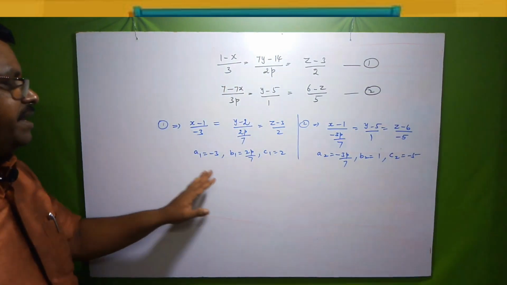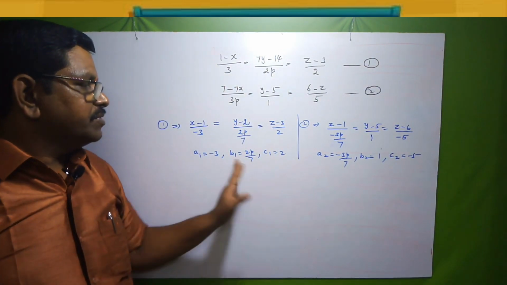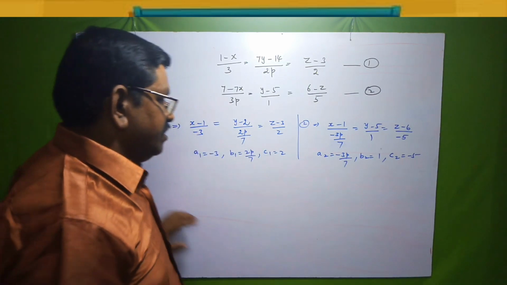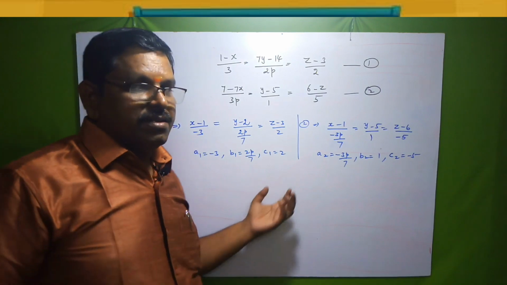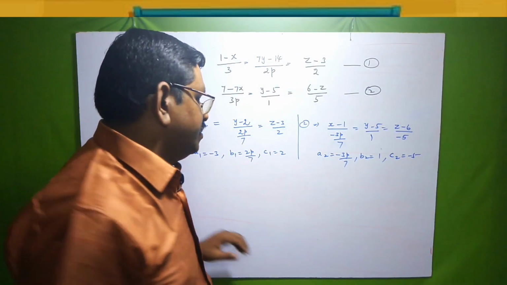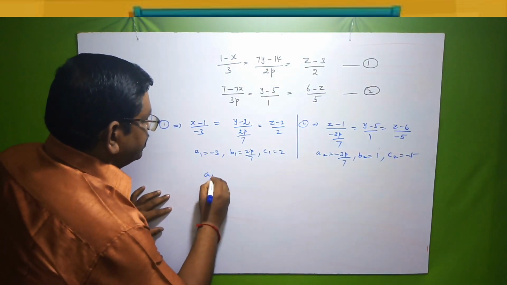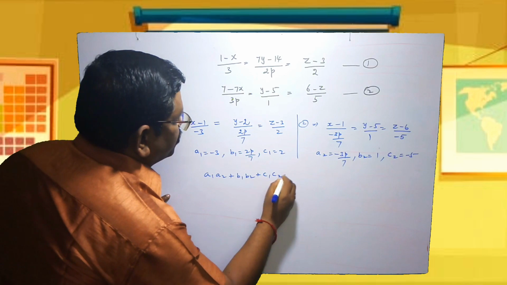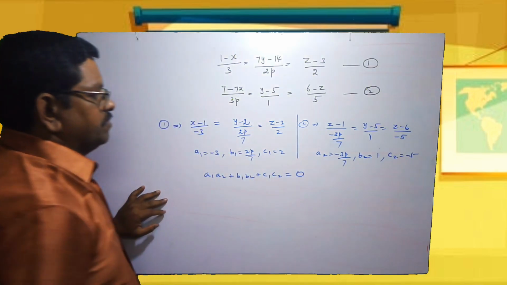Now we have got a1, a2, b1, b2, c1, c2. All the direction ratios are with us. Already they have said the two lines are perpendicular, that means they are meeting at the right angles. So the condition is a1a2 plus b1b2 plus c1c2 should be 0.